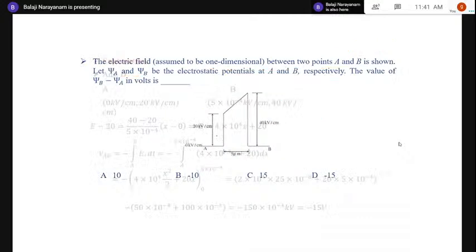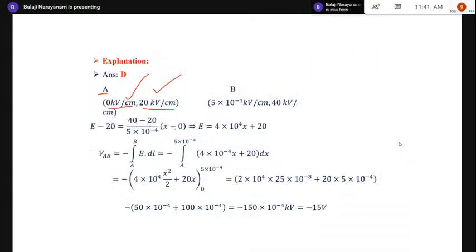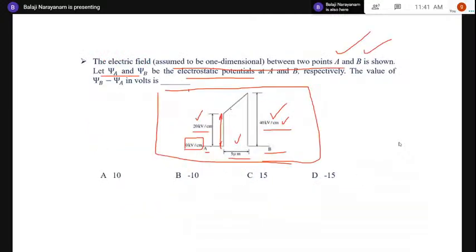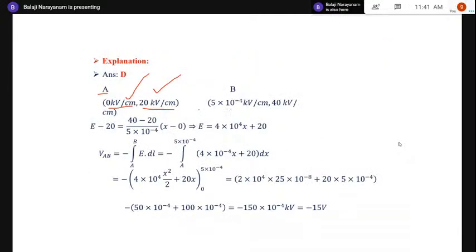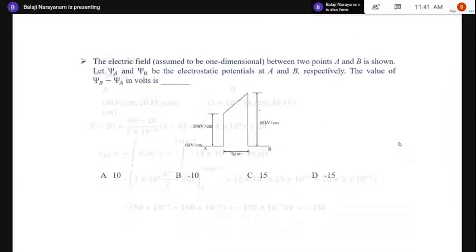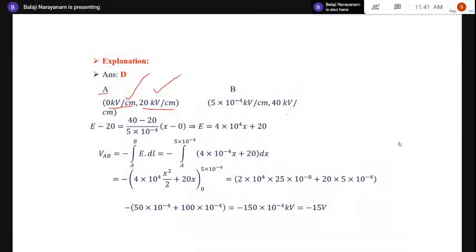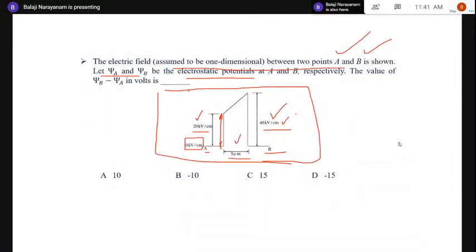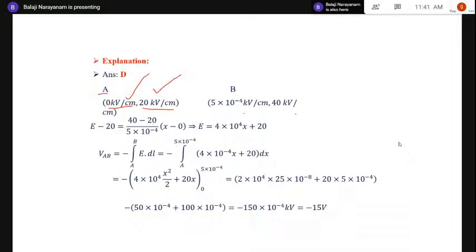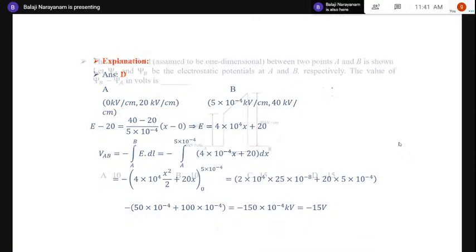We are taking the field intensities like that, and similarly B has 5 micrometer as the distance, and 40 kilovolt per centimeter is given. Here centimeter is there, so I am just correcting this: 40 kilovolt per centimeter.